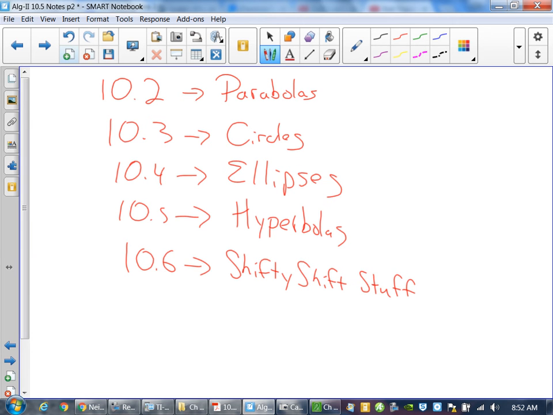Now, what you have to remember here is that in order to be able to do any of this stuff, you have to know what things mean. As long as you know what your A, B, C stands for, what P means, and the opposite of P, everything else falls into play.